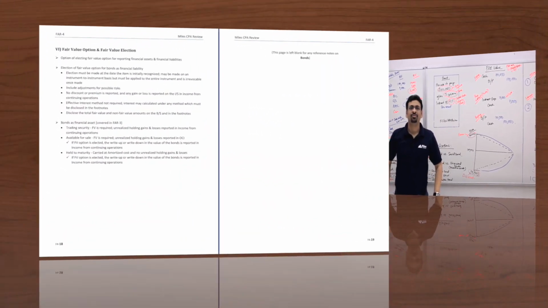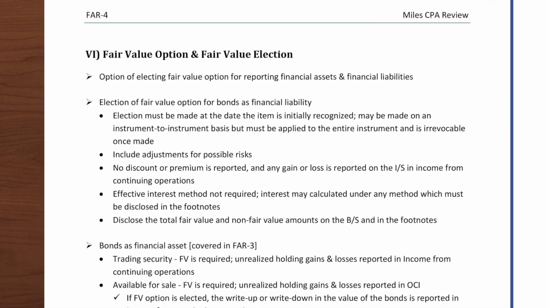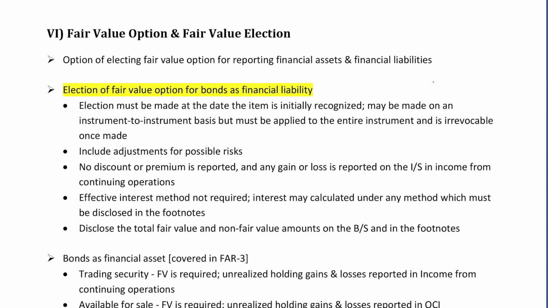On page 18, let's look at the fair value option. Highlight election of fair value option for bonds as financial liability. Right, check out fair value of bonds payable in the bond market every balance sheet date.